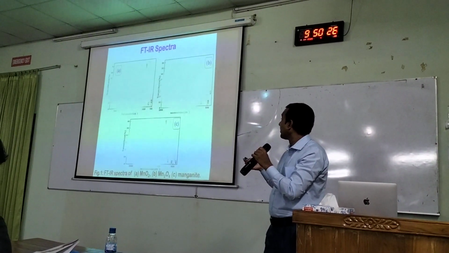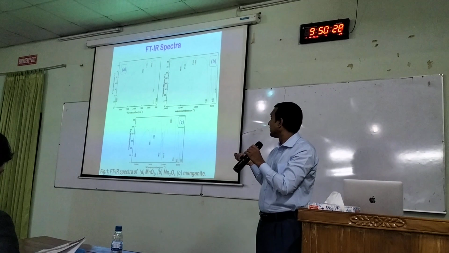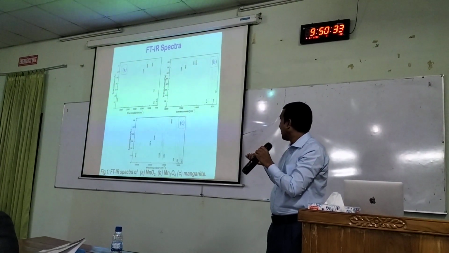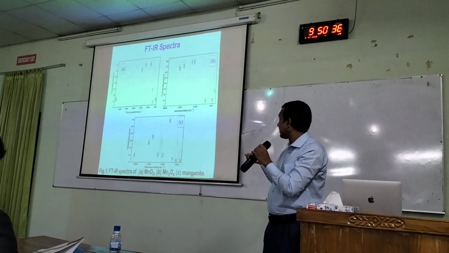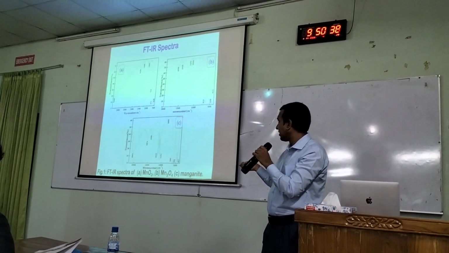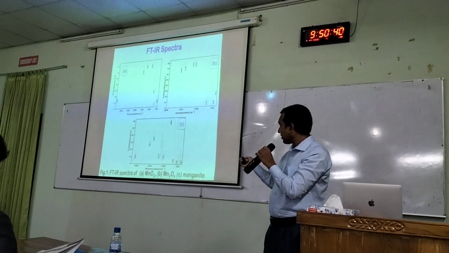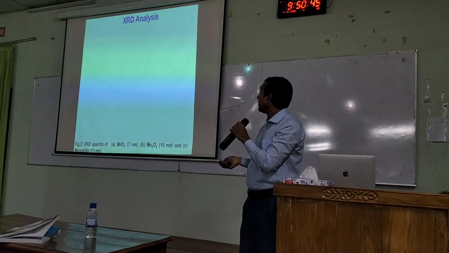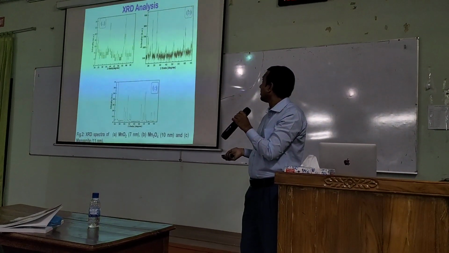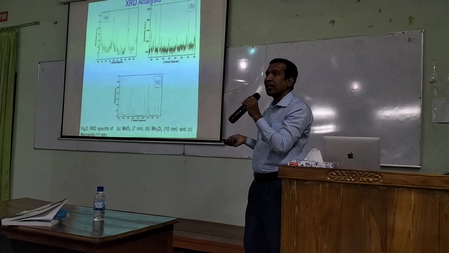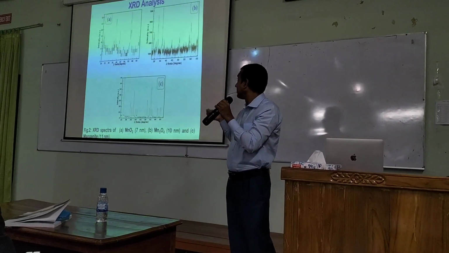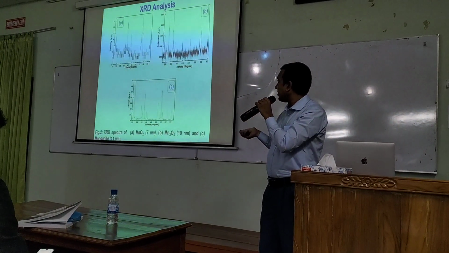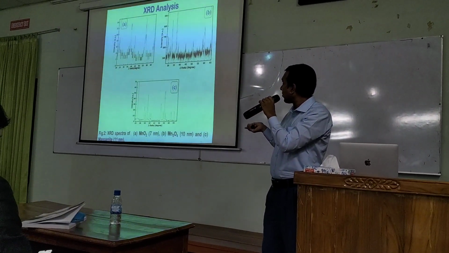Here I have shown the results for the FTIR spectra. The corresponding bands for these three substrates matched well with the available literature: manganese dioxide, osmanite, and manganite. Then we studied XRD analysis of these three samples, which was done at the Atomic Energy Center.